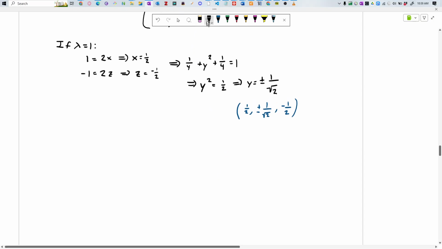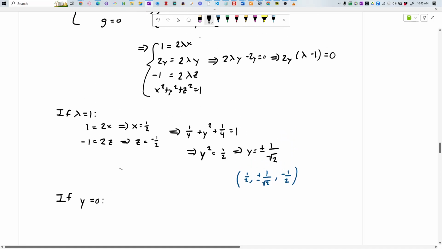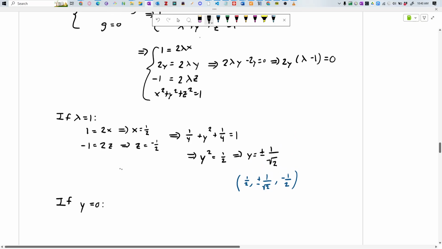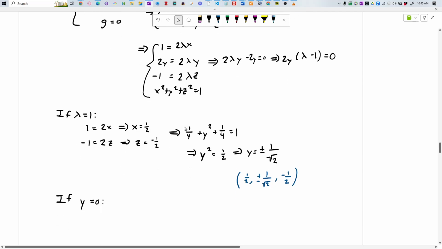Next, let's see. Let me move that up a bit. If instead you have, what was the other case? Y is equal to 0. If y is equal to 0, then equation 2 here disappears and the system reduces down.